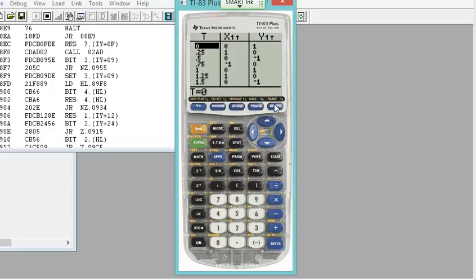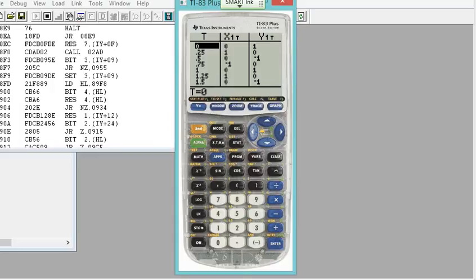When t is 0.5, 0 comma negative 1, and 0.75 is negative 1 comma 0. And then 0 comma 1.